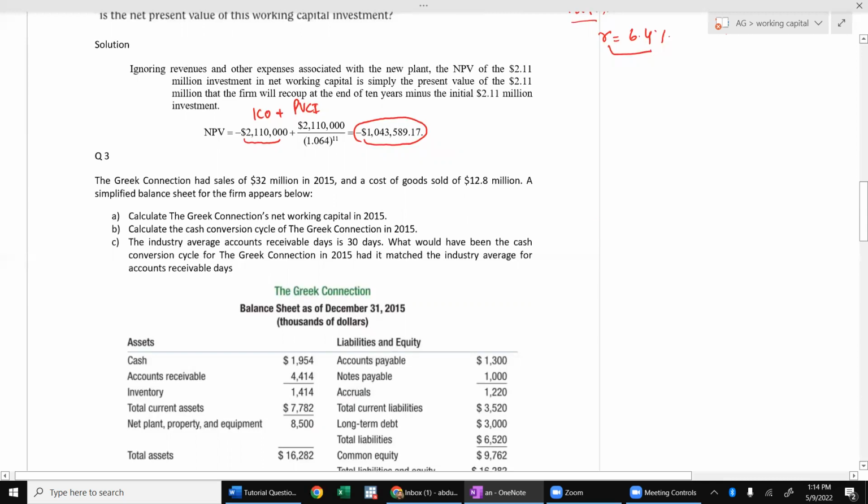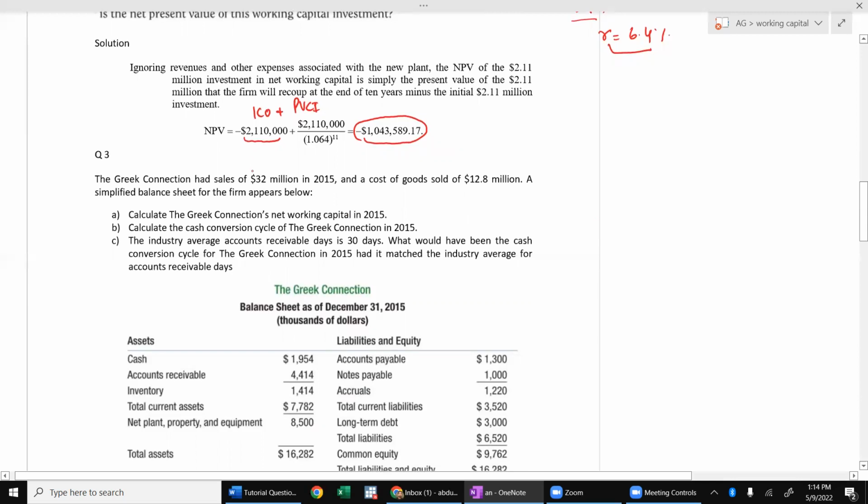Okay, the Greek Connection had sales of 32 million in 2015. In 2015, they had sales and cost of goods sold of 12.8 million. So this is CGS. A simplified balance sheet for the firm appears below.